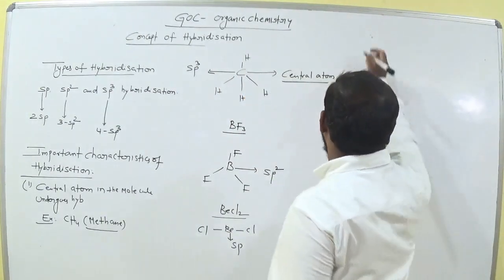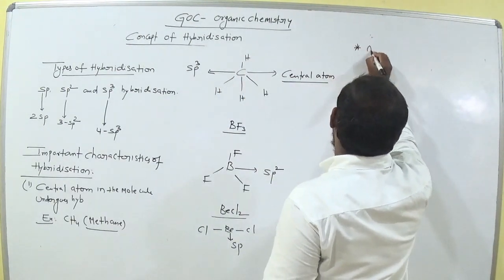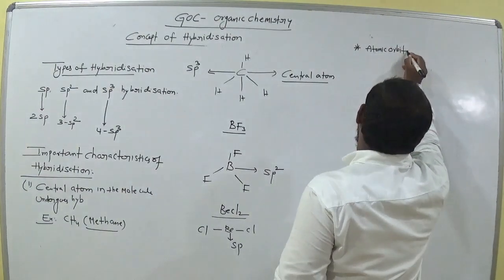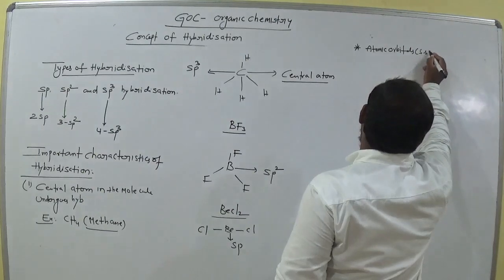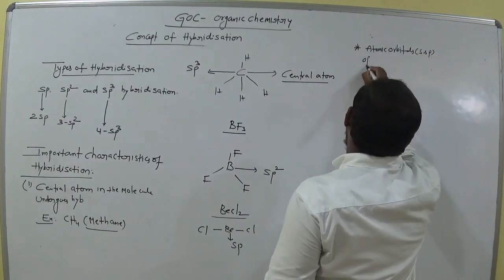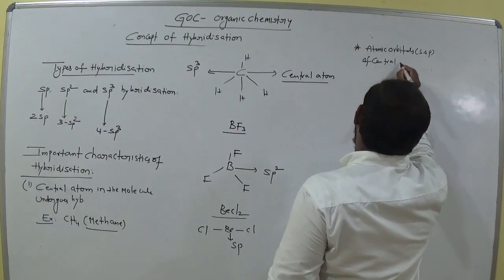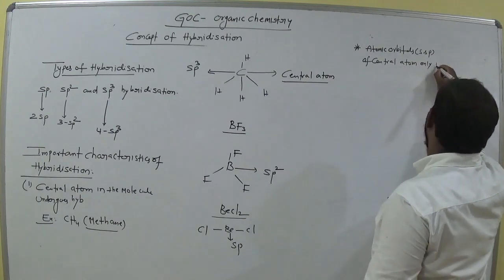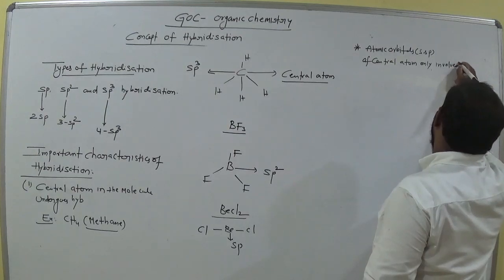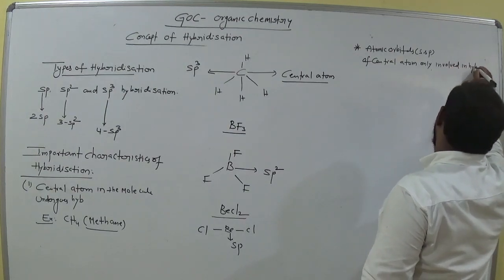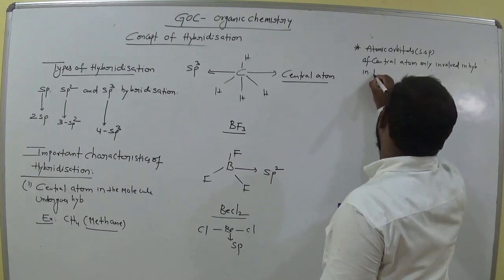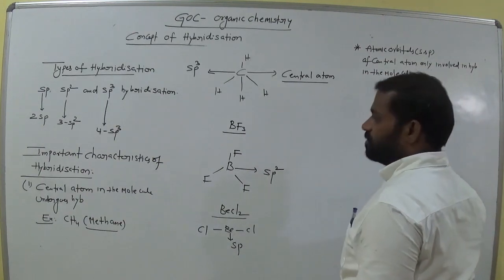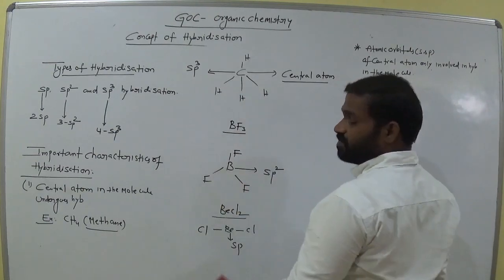That means atomic orbitals of the central atom only are involved in hybridization in the molecule. Am I right? Later I will explain about these molecules also.